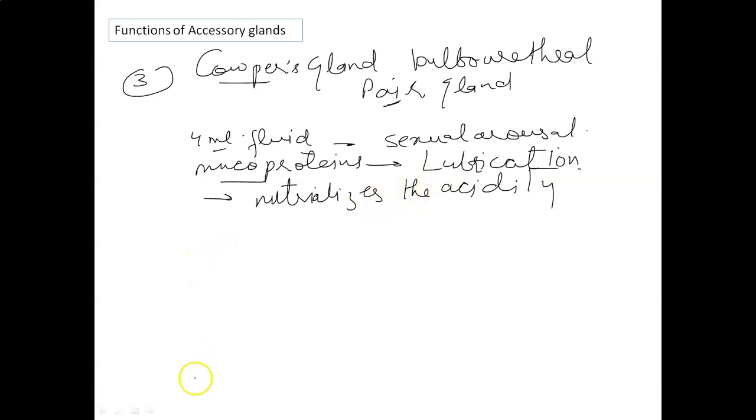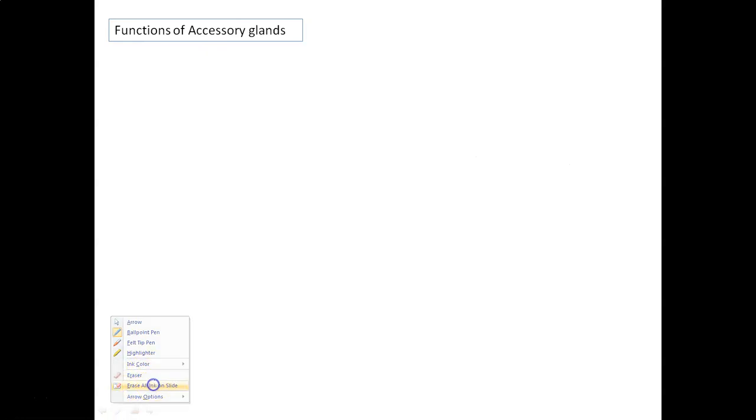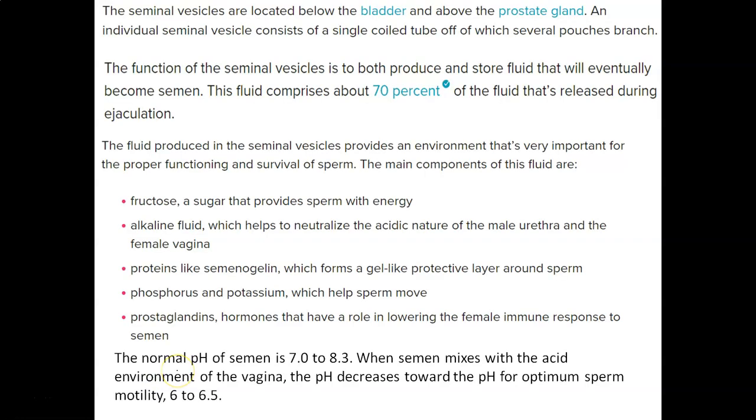So that's all for the functions of the 3 accessory glands. Now we'll move to the next. Here is a slide. We have just now discussed the functions of the seminal vesicles, and the functions of the seminal vesicle are all written here.